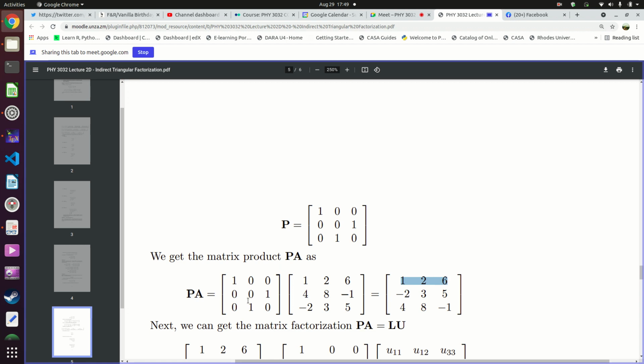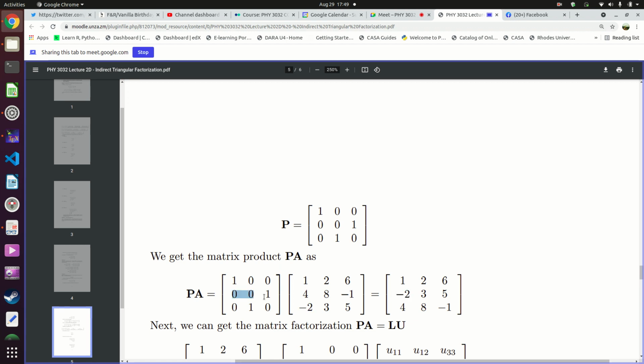Okay, then I do the following here. Now the second row of the permutation, 0, 0, 1, times the first column. This is going to be 0 times 1, plus 0 times 4, plus 1 times minus 2. Then I get my minus 2, which is here.